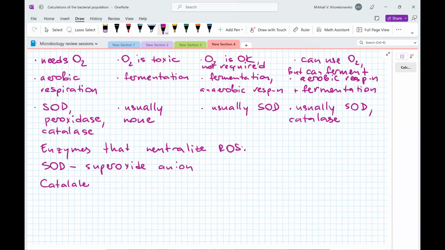Catalase and peroxidase neutralize hydrogen peroxide. That's all you need to know, really. I'm not asking about the reactions. Do you have any questions?